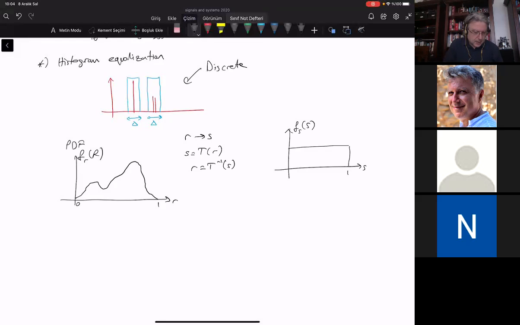Now, since S is equal to a mapping of R, the PDF of S will be equal to the PDF of R times dr by ds, evaluated at R equal to the inverse mapping of S. This is a mathematical expression of what happens to the probability density function when you apply a mapping.